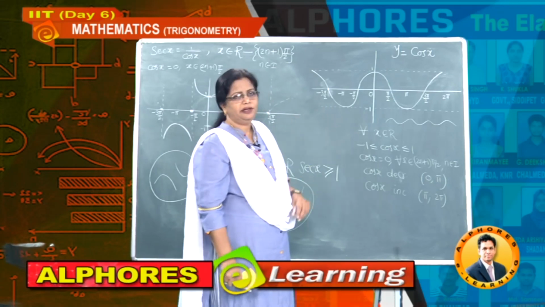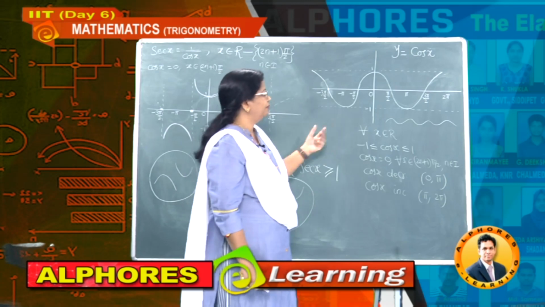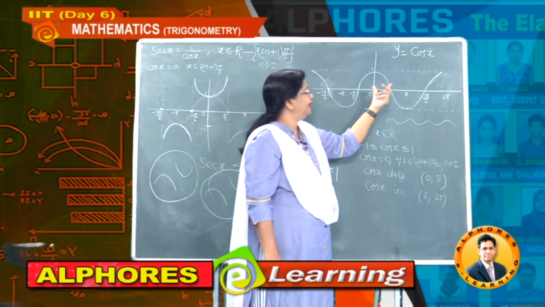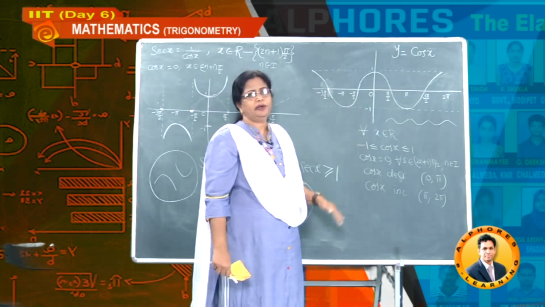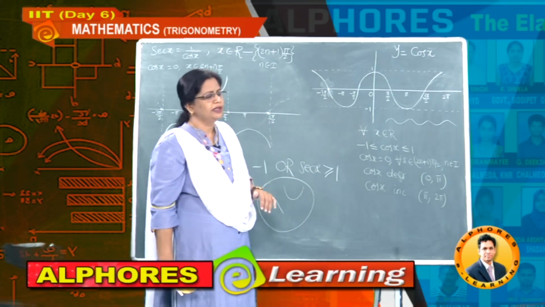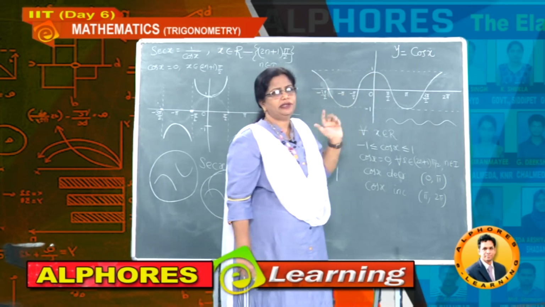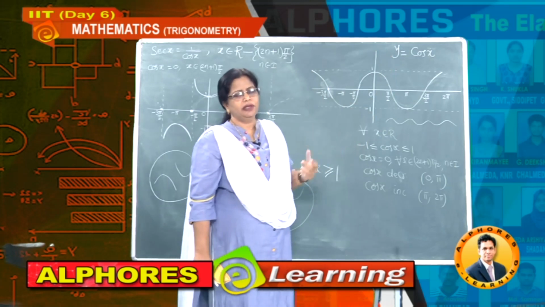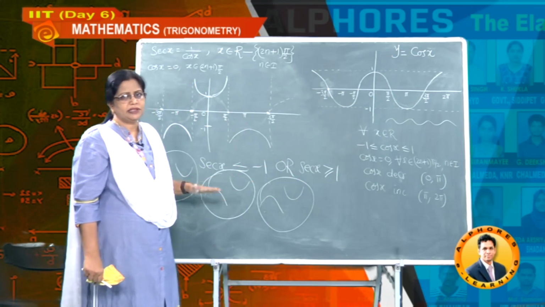Increasing and decreasing nature overall you can't say, but you can find it in different parts of intervals. If you take small intervals, you can define the increasing or decreasing nature of these functions. And next, what kind of x values the function can take, and where exactly cos x lies, sin x lies, etc. These are the points we have discussed up to now.